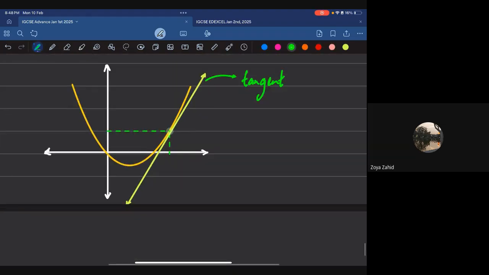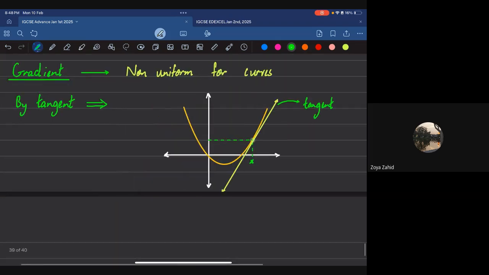And if they are going to have the same gradient, that means I can simply calculate the gradient at that particular point that you wanted to calculate the gradient for, and that is equal to the gradient of the tangent.